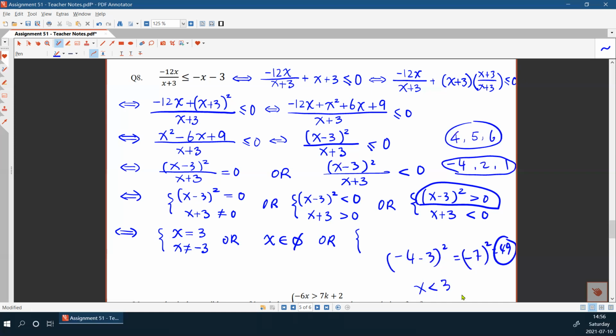Because minus 4 is less than 3. So what is the solution? You have something squared greater than 0. What is the solution here? As long as this number is not 0, this is always greater than 0. Do you see that?